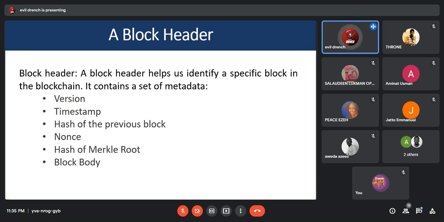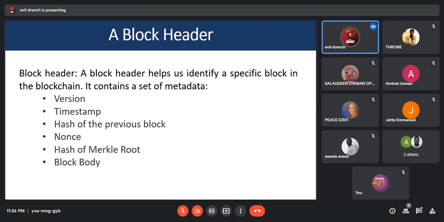The version is a four-byte field that is used to track software or protocol versions. That is what the version is, to know the version of a blockchain, right? The timestamp is also a 4-byte field, and it indicates the creation time of a block in seconds. So that is what the timestamp does.